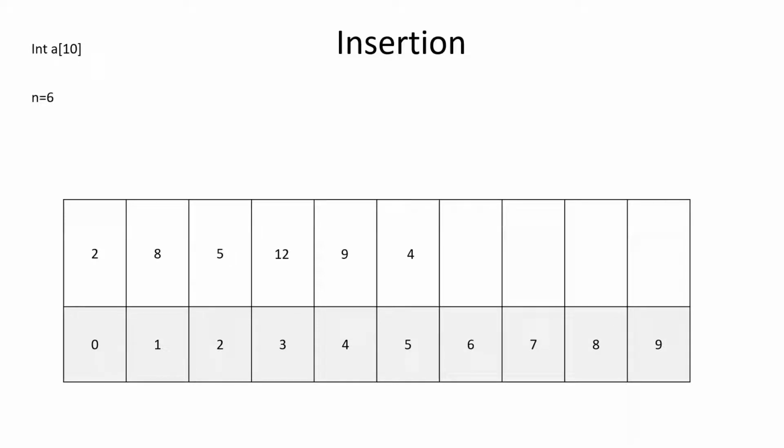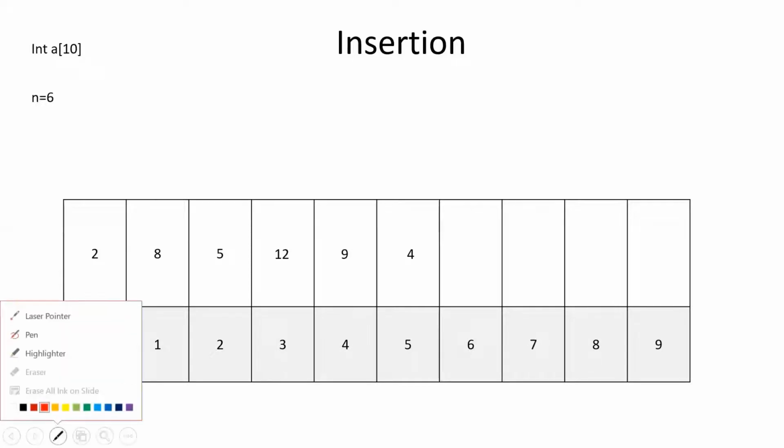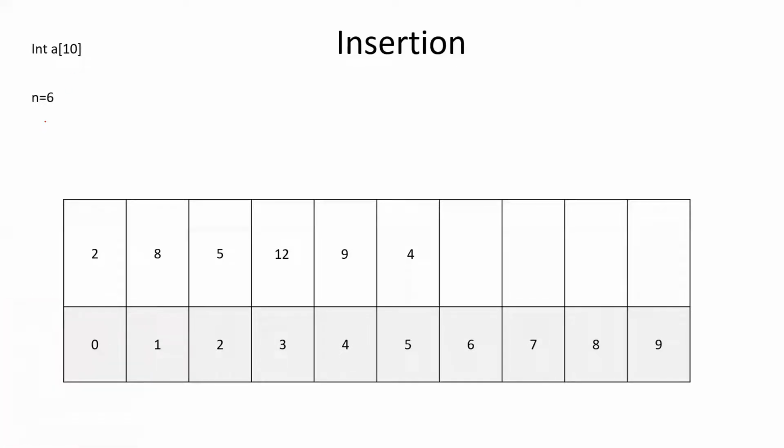How many numbers are present in the array? 6, ma'am. What do you mean by n? I told also, number of elements. Again when I'm asking, you don't know, right? The number of elements present in the array is 6, right? So what is the difference between this n value and the size of the array?